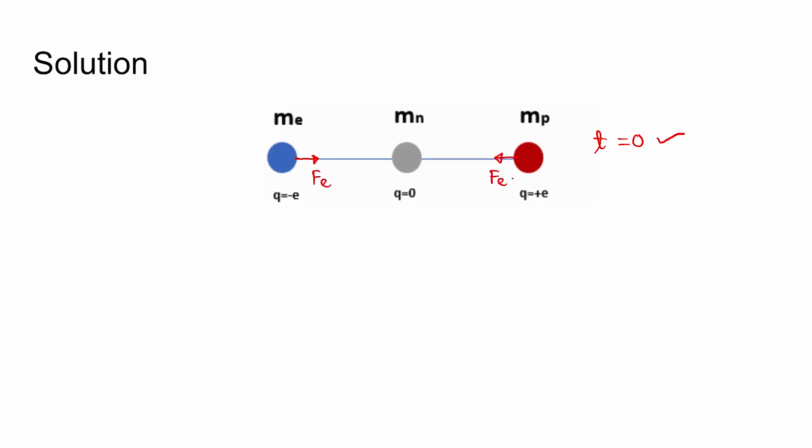Both will be under the influence of the same force, of equal magnitude. The force magnitude is given by e square by 4 pi epsilon naught r square, if the distance between electron and proton is r.